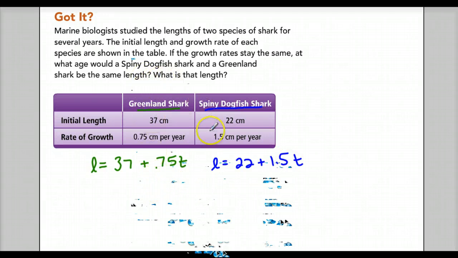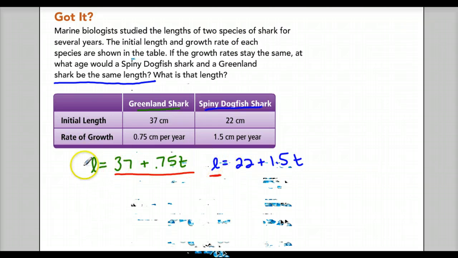Now what they want us to do is solve at what time, what age, are both these sharks going to be the same length? And that's going to be represented by what their solution is. So I'm going to use substitution. I'm going to substitute 37 plus 0.75t in for this L, because both of these L's are equal, right?